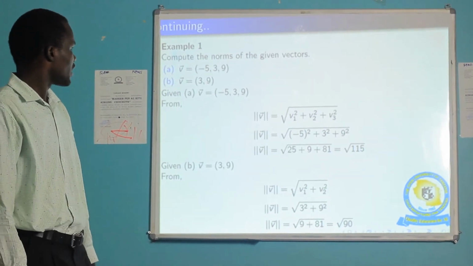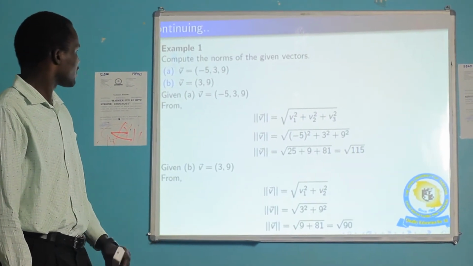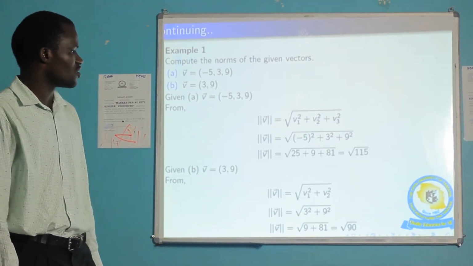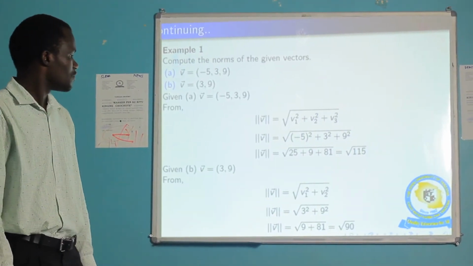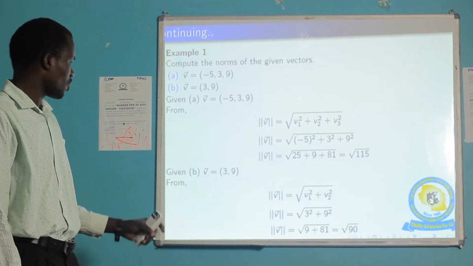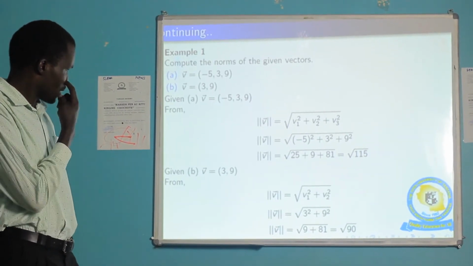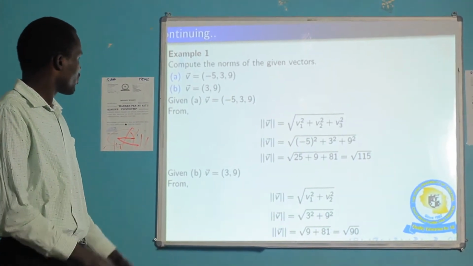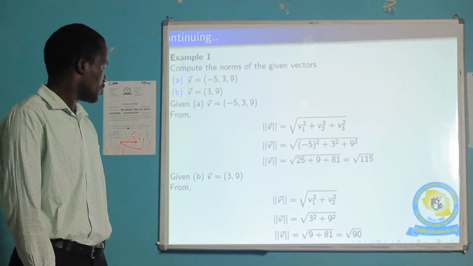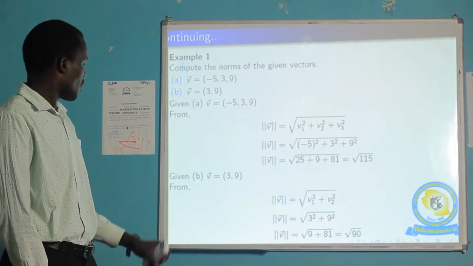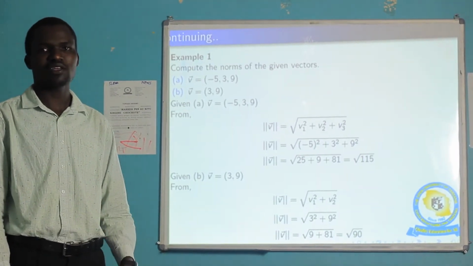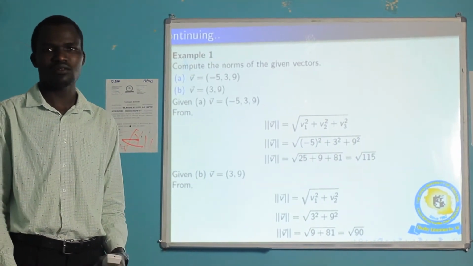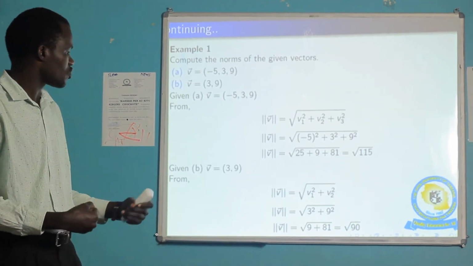So the norm of the vector given in A is the square root of 115. The same applies to question B: here we have just 2 entries, so we take the square root of the sum of the squares of the 2 entries.